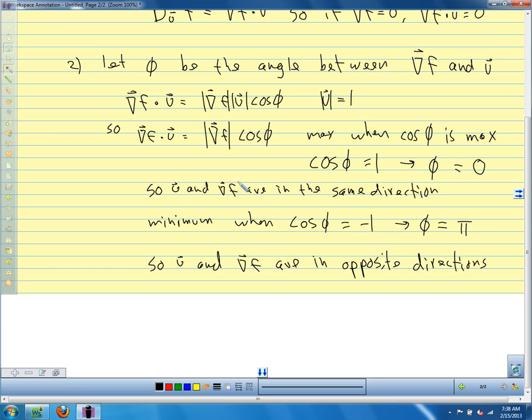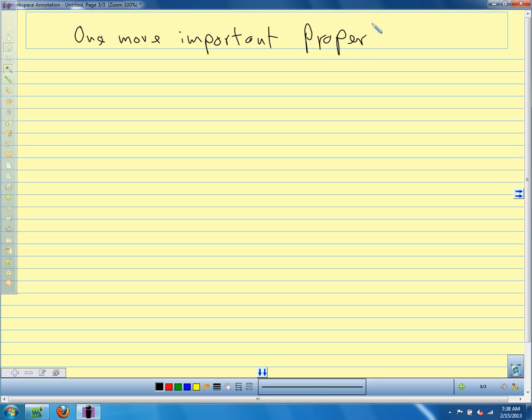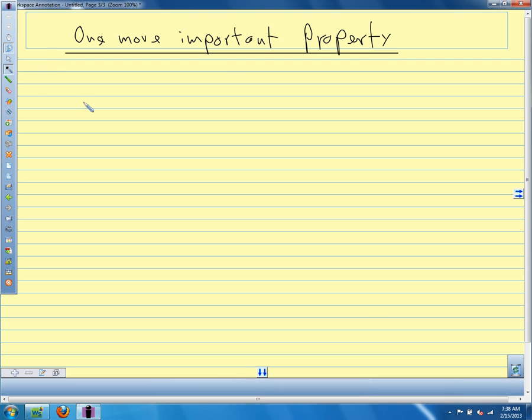So let's look at another important property of the gradient. And this came up a little bit in your homework. You did a homework problem that had to do with this. So let's look at a level curve of a function. So we're going to look at a level curve of f.